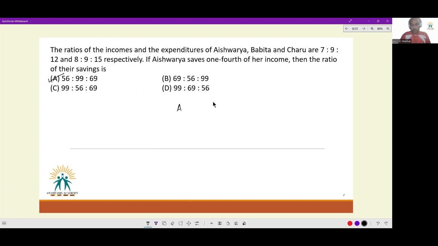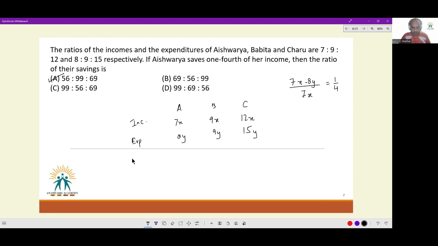So, Aishwarya, Babita, and Charu have 7x, 9x, and 12x as income, and then expenses are 8y, 9y, and 15y. So, 7x minus 8y by 7x is equal to 1 by 4.